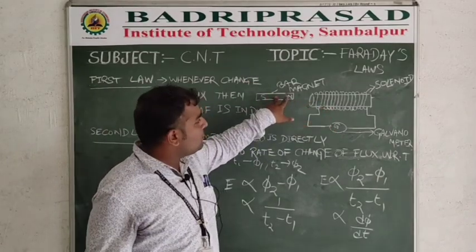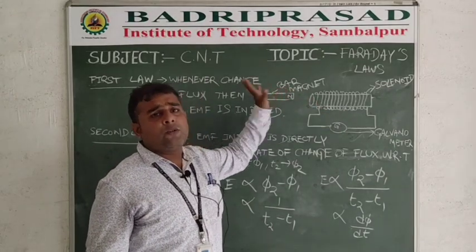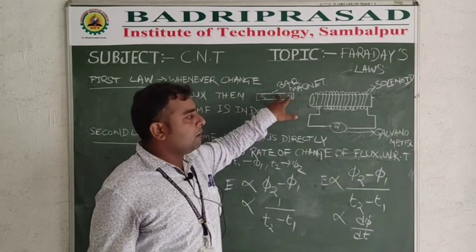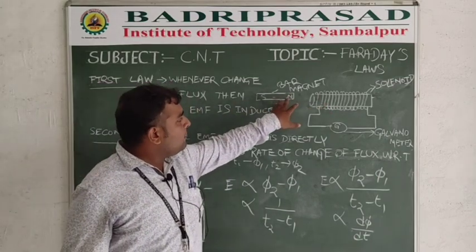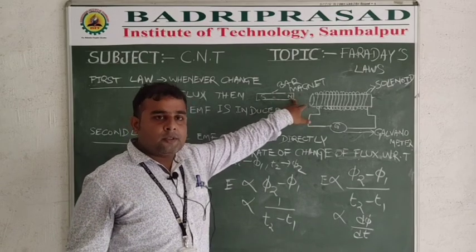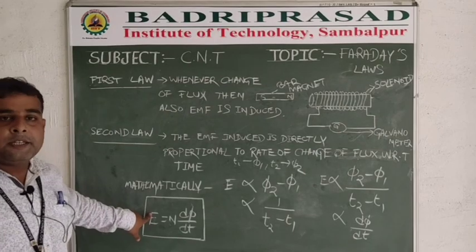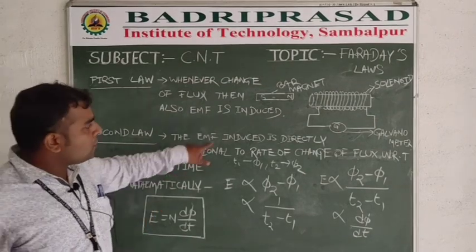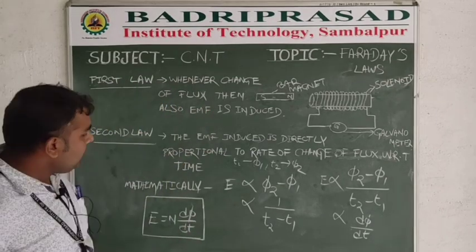If there is no motion between the bar magnet and solenoid, then no EMF is induced in the solenoid. So if there is no relative motion, there is no EMF. Hence, the direction of the induced EMF E opposes the relative motion between the bar magnet and solenoid.